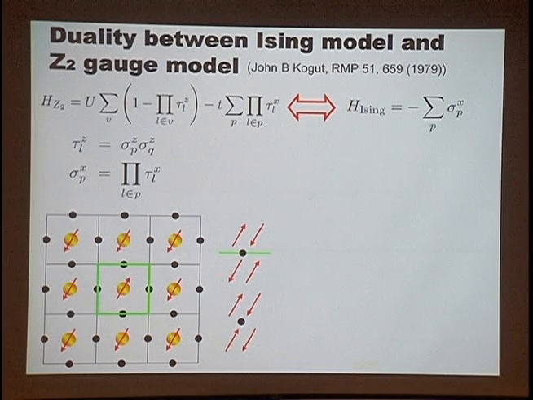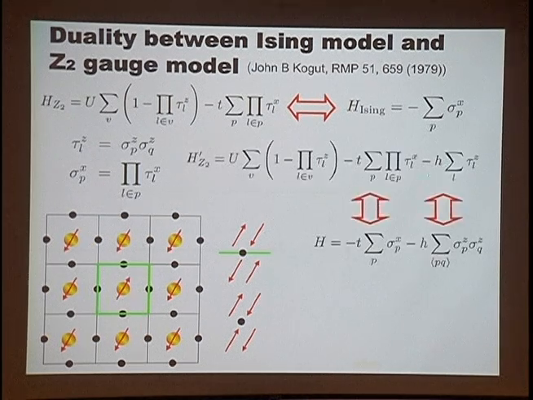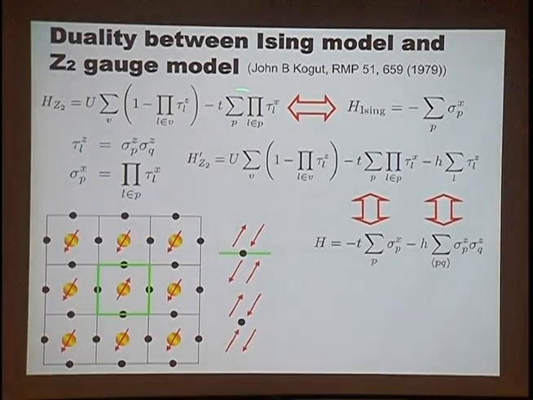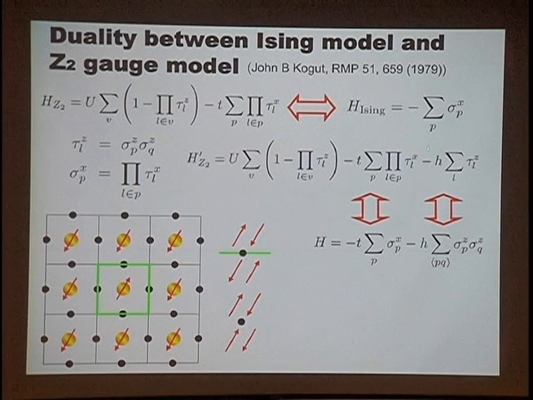But then I can add more things. For example, I can add some kind of Zeeman field term in this Z2 gauge model, which will map to an interaction term in the transverse Ising model. So in other words, the standard transverse Ising model corresponds to these two terms.